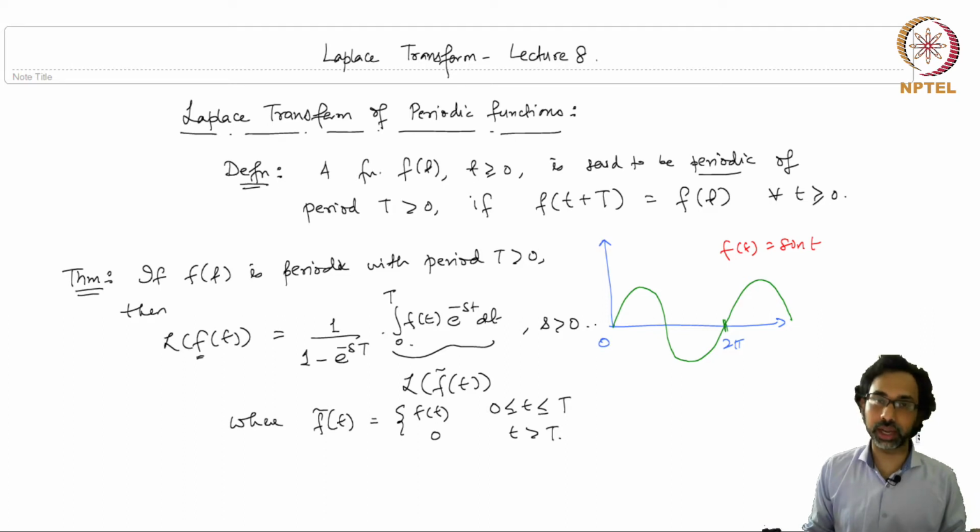Note that we did not assume that f is of exponential order in this theorem.